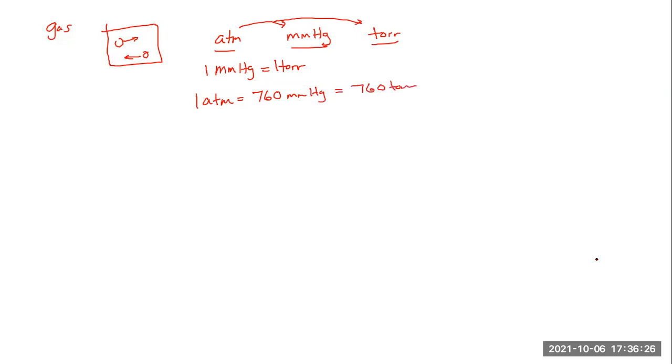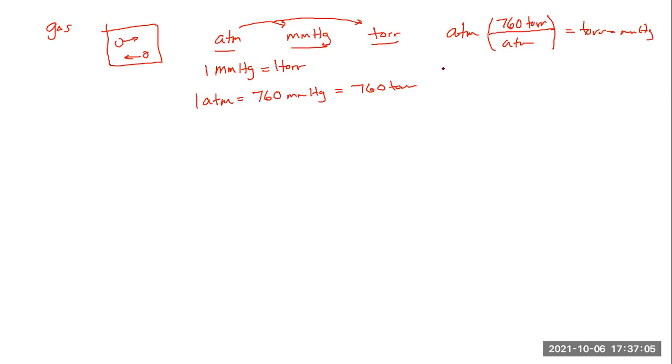As we talked about last time, that 760 number is an important number. It is the one you will use to go between these different units, and depending on where you start determines how you use the 760. For example, if we are in units of atmospheres and we want either millimeters of mercury or torr, we multiply by 760. That gives you torr, which is the same as millimeters of mercury.